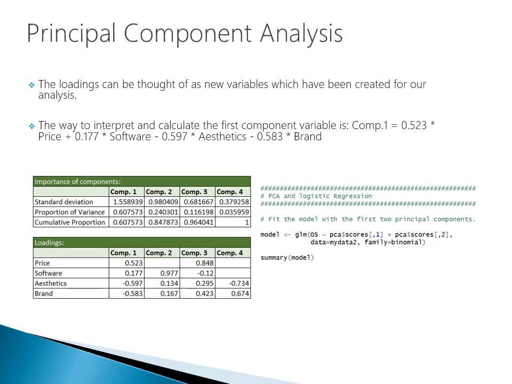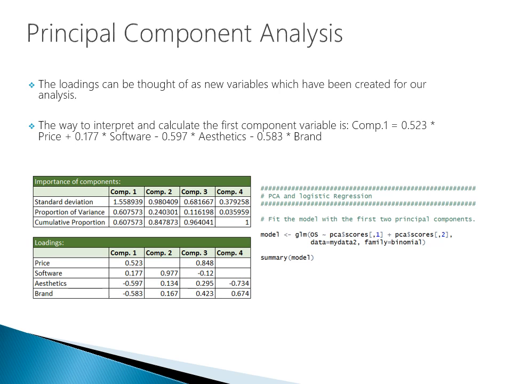So the way to interpret the first component is taking 0.523 times the value for price plus 0.177 times the value for software minus 0.597 times the value for aesthetics minus 0.583 times the value for brand. By plugging in the values of each variable here, I now create my value for my principal component.